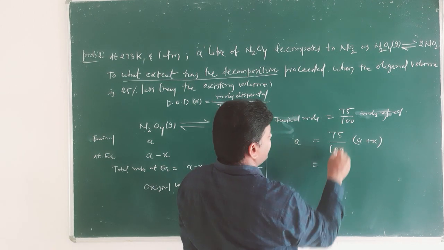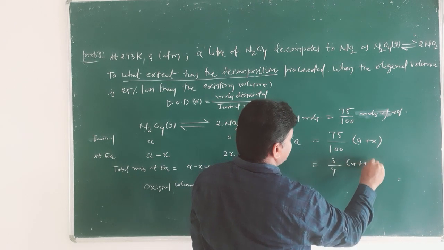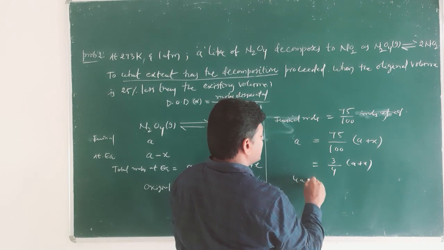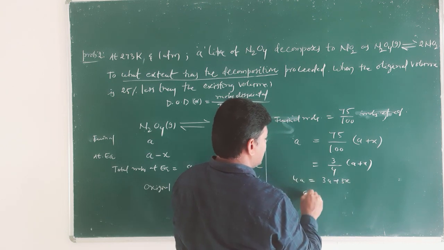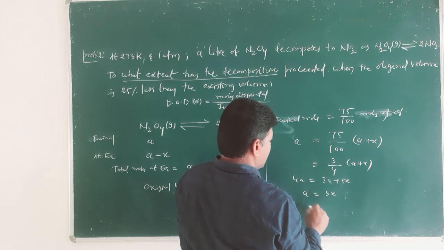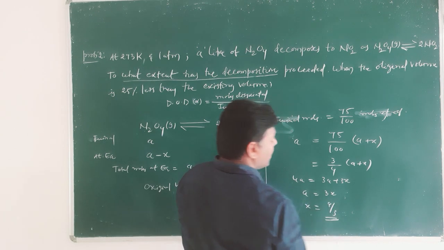So, 75 by 100 is 3 by 4, so 4A is equal to 3A plus 3x. This gives A is equal to 3x, and x is equal to A by 3.